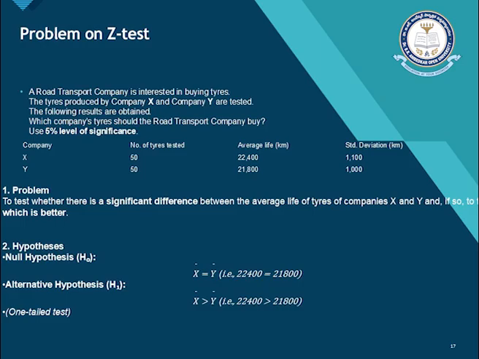The problem is, for company X the number of tires tested is 50, the average life of the tires of X is 22,400 kilometers, and the standard deviation of X tires is 1100 kilometers, whereas for company Y the number of tires tested is also 50, the average life of company Y tires is 21,800 and the standard deviation is 1000.